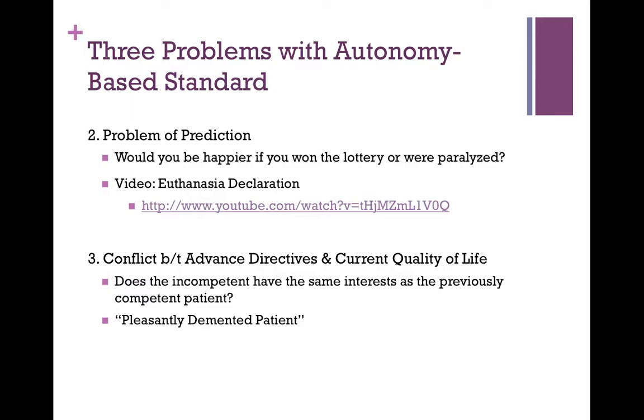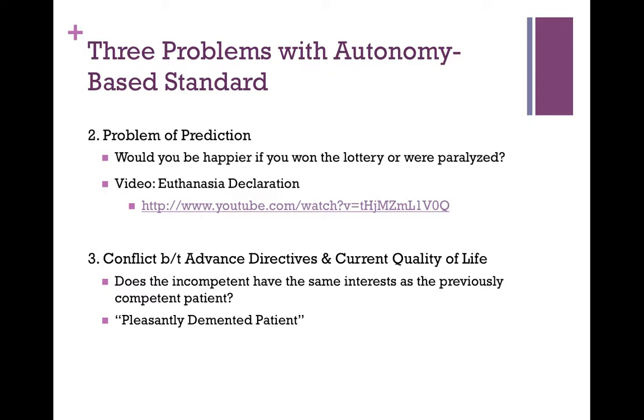But if you look at the person now, let's say a person has gone through mental deterioration as a function of their age, you look at them now, they might be really, really happy. There are many cases of someone who's pleasantly demented, who finds happiness in life and can live even though they're not competent any longer.